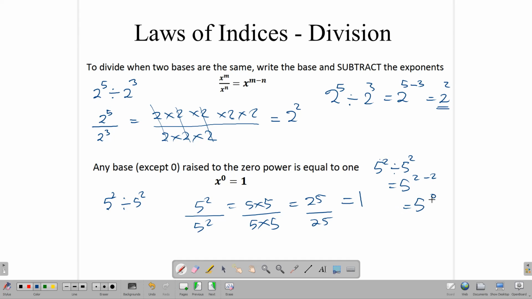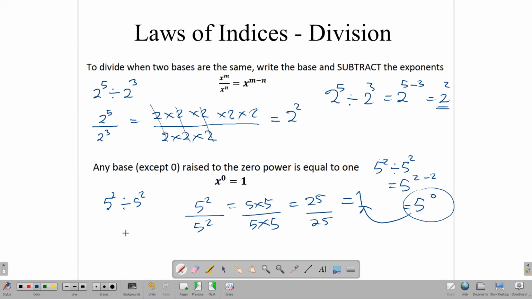And 5 to the 0, naturally, because we had worked it out before, we get an understanding of what this 0 power means. And this 0 power is telling us here that this 5 raised to the 0 power is 1. And for that matter, any number except 0 that you raise to a 0 power gives you 1 as long as it is not 0.